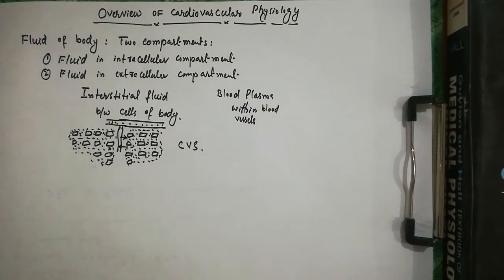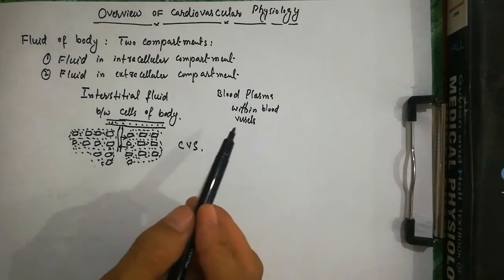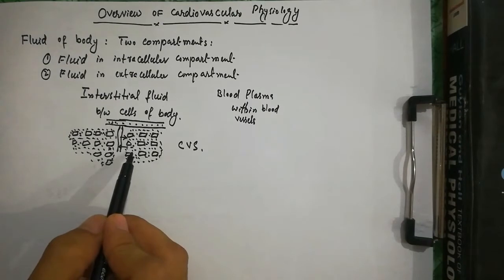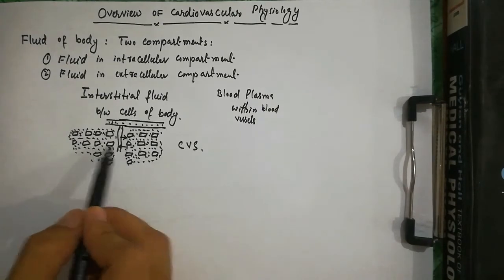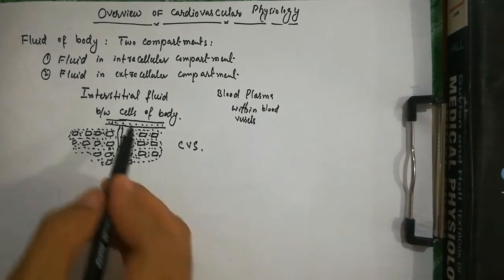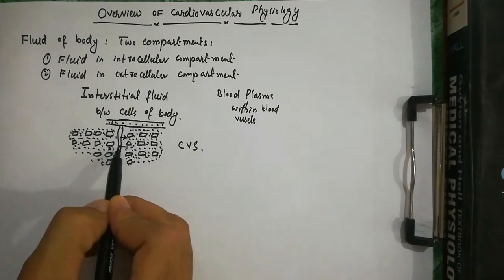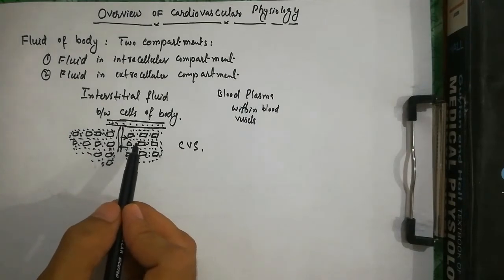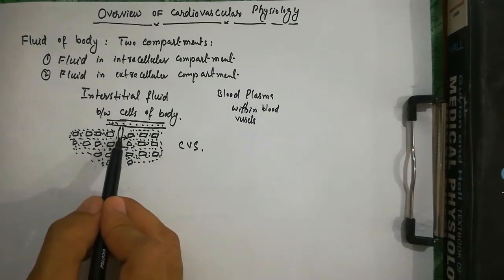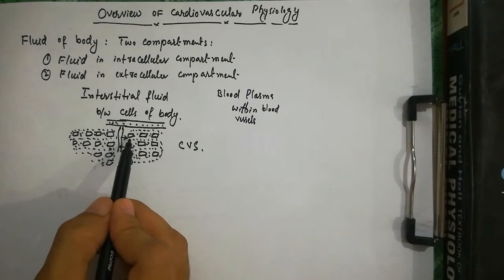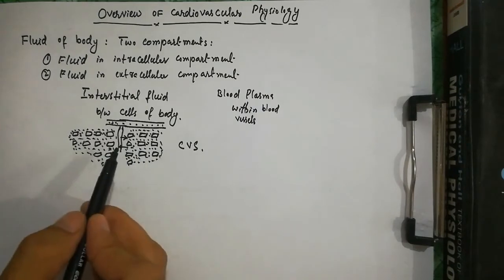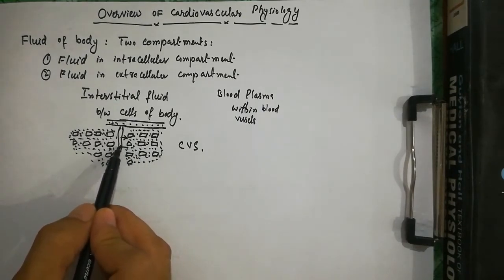So when plasma circulates between tissues and between cells in capillaries, nutrients, oxygen and some other substances move from plasma into cells, and waste products and secretions of these cells move from cells into the plasma.